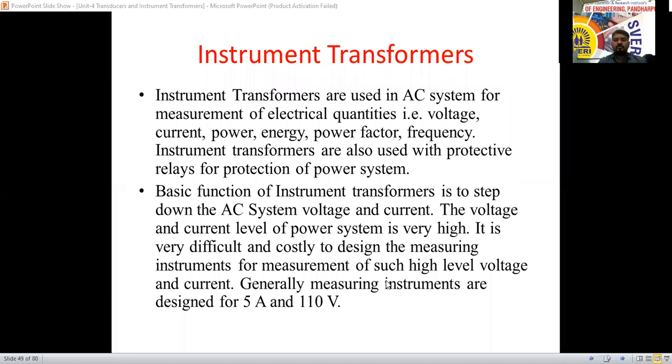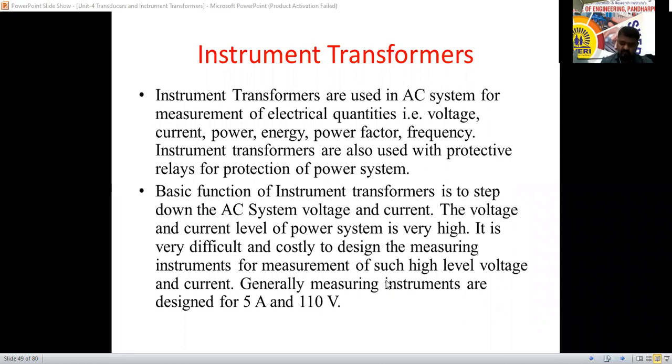Yes, sir. So we have already started the instrument transformers. I told you that for the measurement circuit, we are going to measure the electrical voltage, current, energy, power, and all the things. The instrument transformers are used with protective relays and so on, because whatever high level voltages and currents there are, they are reduced into low level for the measurement.